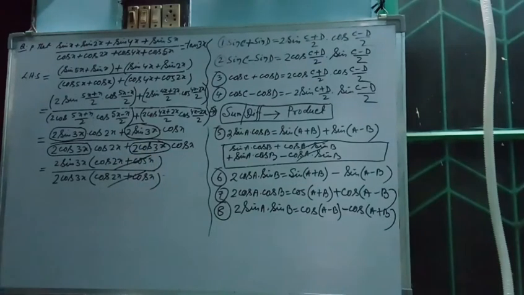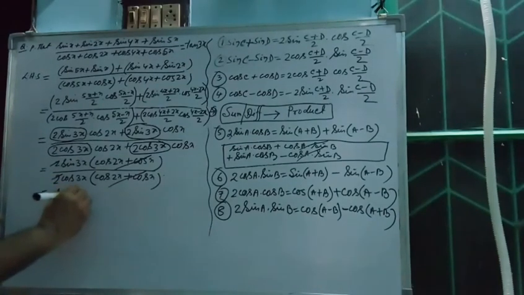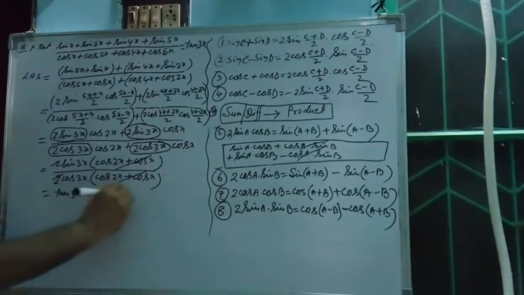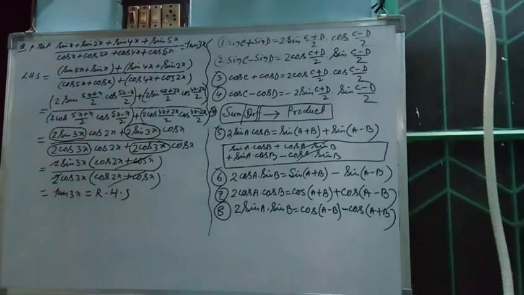This will get cancelled, the 2 cancelled, and sin 3x by cos 3x is equal to tan 3x, which is the RHS. Proved.